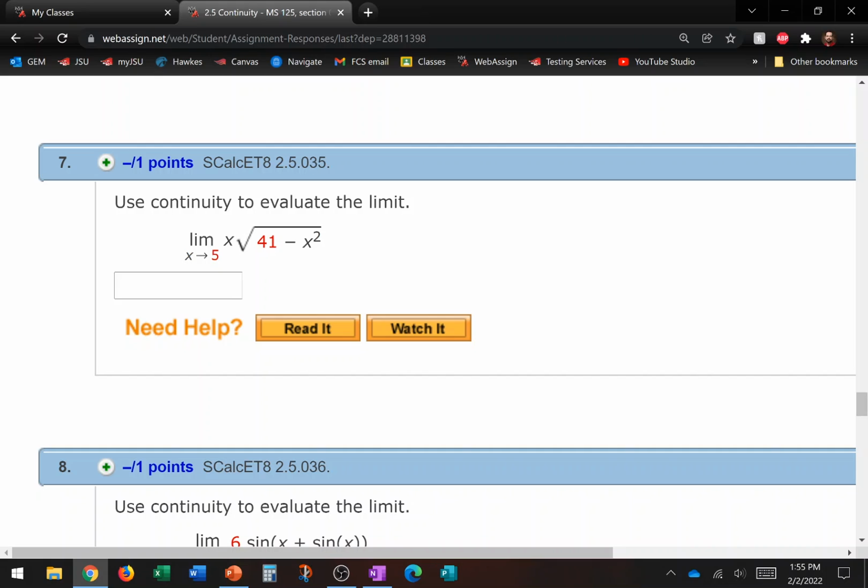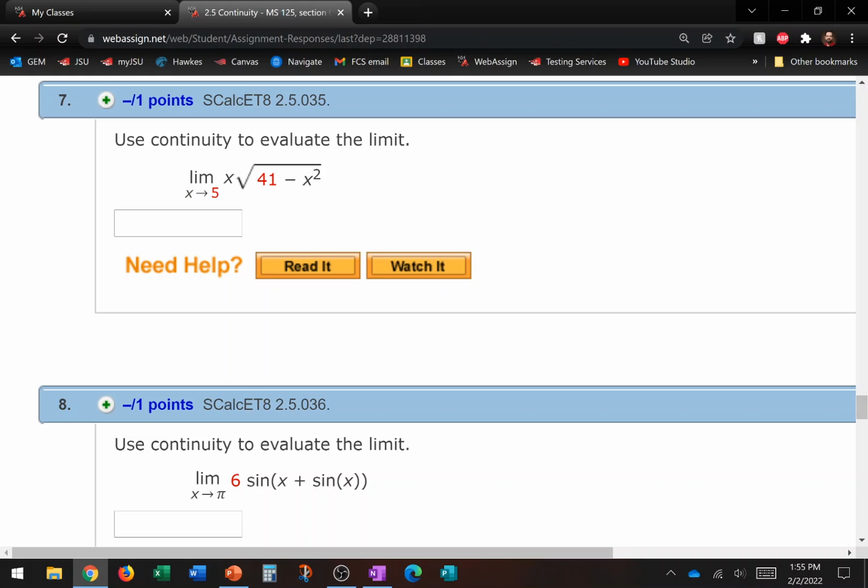We had a property that a root of a continuous function is continuous, and a property that if we multiply continuous functions together, the product is continuous. X by itself is just another polynomial. So we have a polynomial times another continuous function, so it'd be continuous. So on that one, it's just direct substitution. It looks weird, but it's just direct substitution.